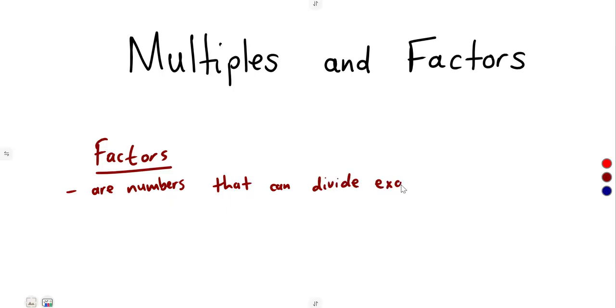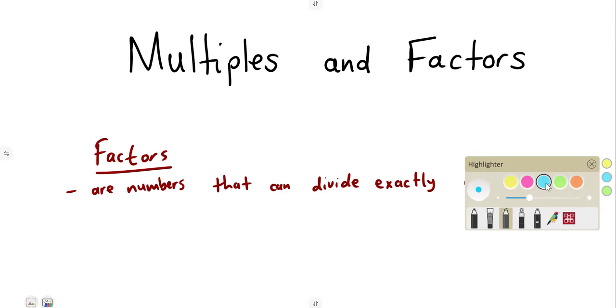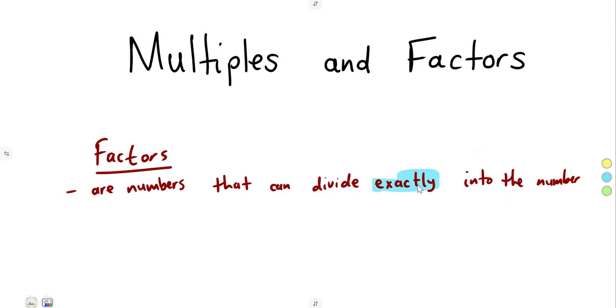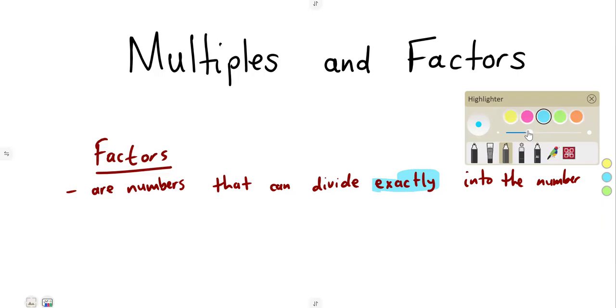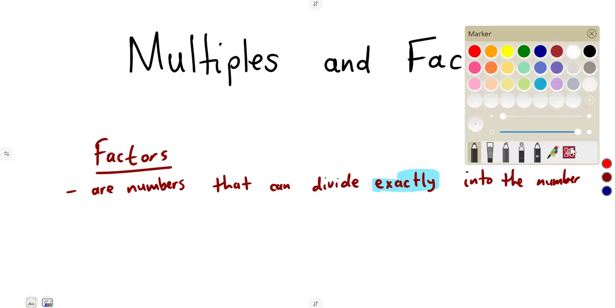This is the major part here. Exactly, meaning to say there is no remainder there, exactly into the given number. I'm going to have it another way. So divide exactly. So we can put it this way.